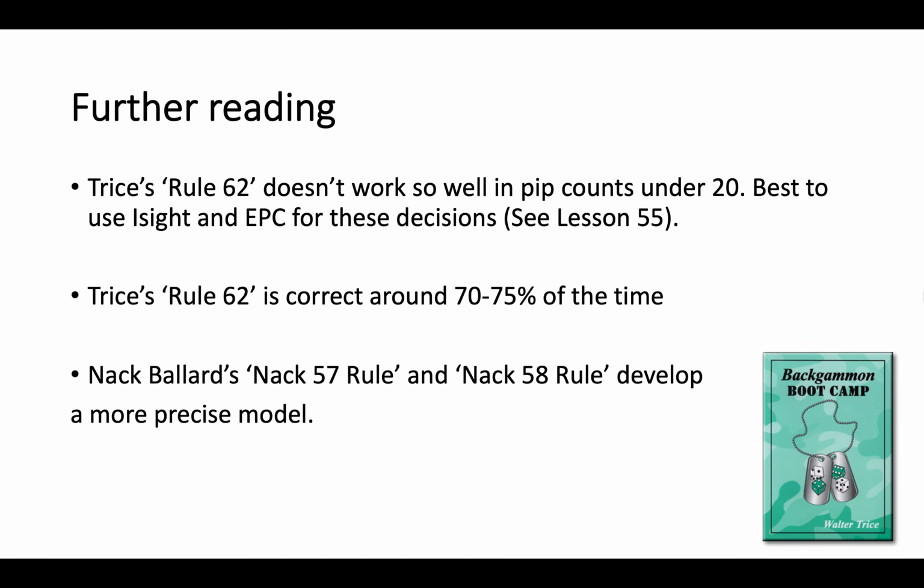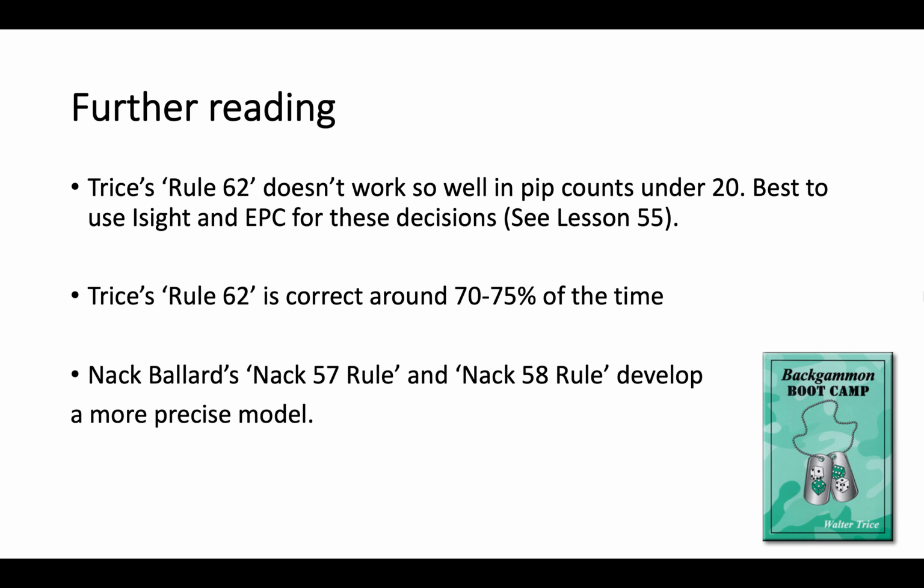Now there are a few other things I just want to mention to finish with. Trice's Rule 62 doesn't work so well in pip counts under 20 pips. It's better to use eyesight and EPC for these decisions, and I have done a video on that, lesson 55, on my channel with Jeff Hall.